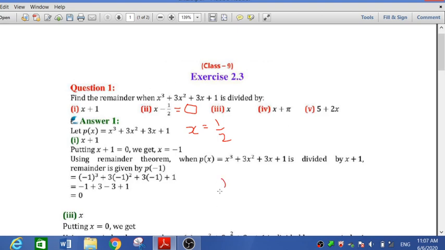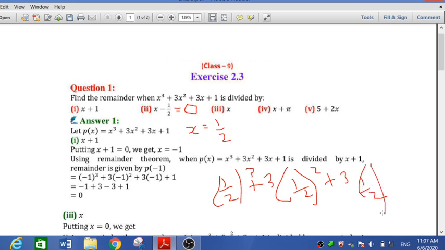So 1 by 2 the power 3 plus 3 into 1 by 2 the power 2 plus 3 into 1 by 2 plus 1. So 1 by 2 cubed, that is 1 upon 8, plus 1 by 2 square, so 1 by 4, so 3 upon 4.